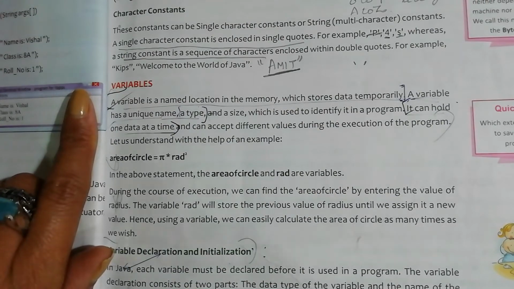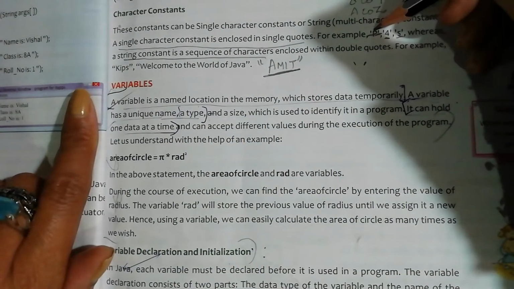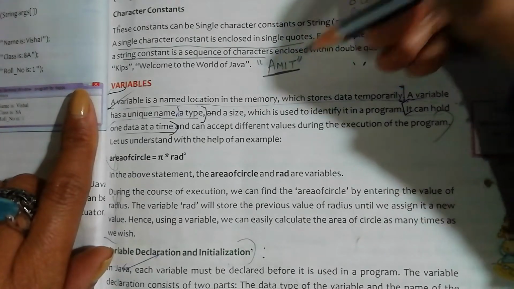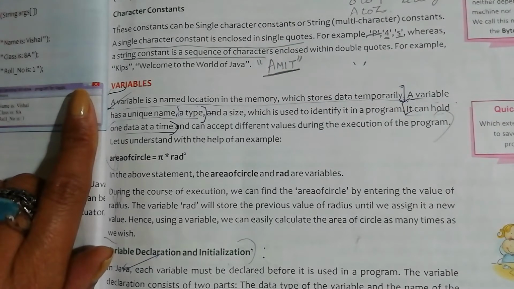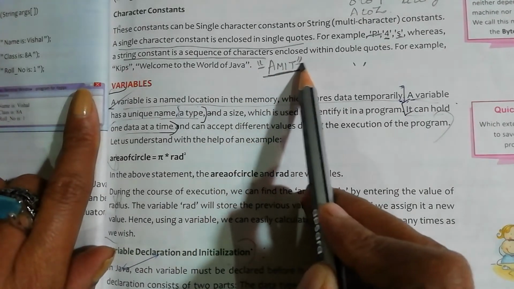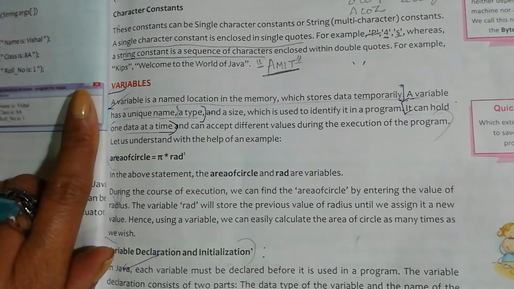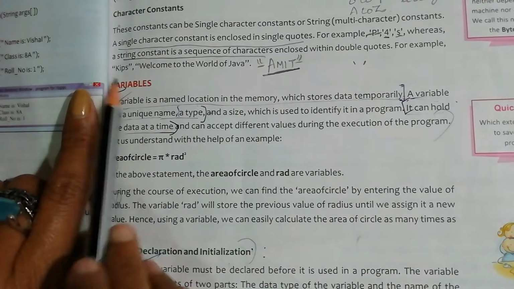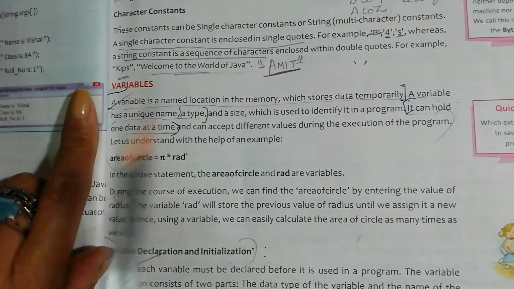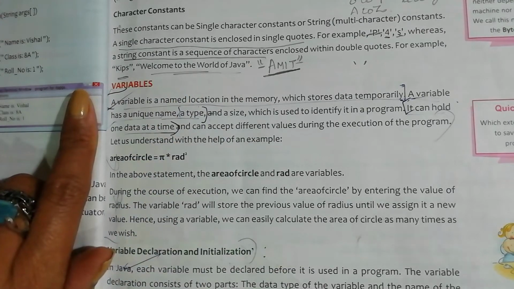For a single character, you will use single quotes, and multiple characters means a string, which must be enclosed within double quotes. For example, we have Kips here. Welcome to the world of Java. These are some examples of your string.